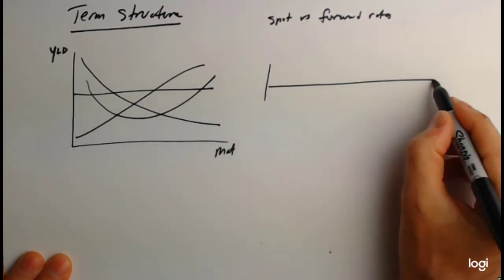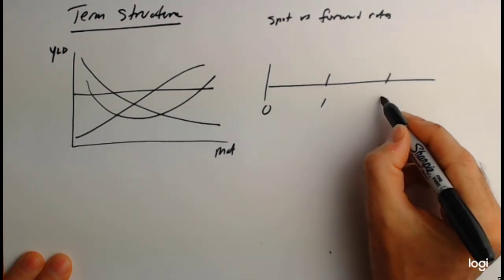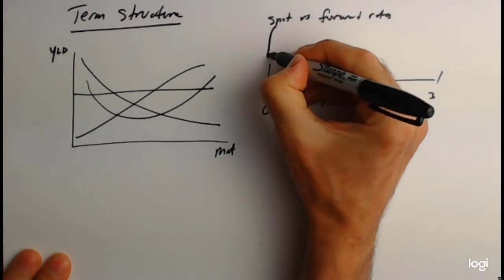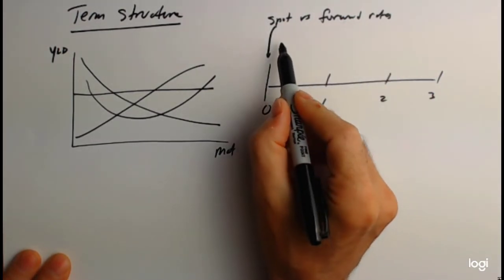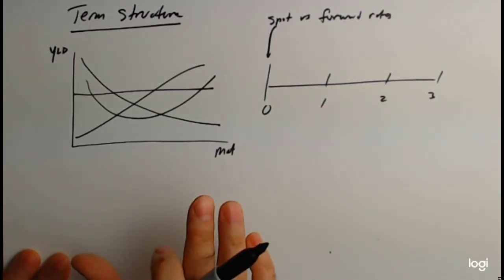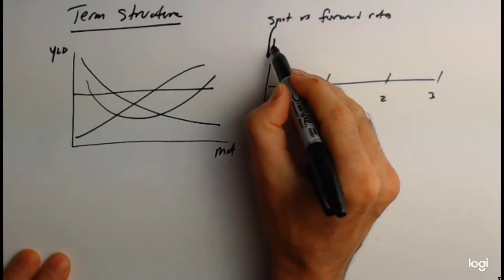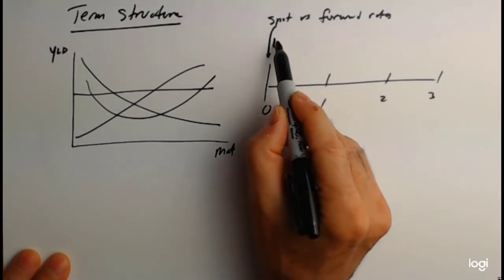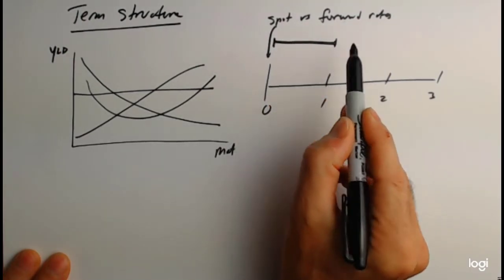So here's how to do it. Spot rates happen right on the spot. What I mean by that is the time period that interest rate covers starts right now. So if you have a 1-year spot rate, it would cover this time period, the next year.